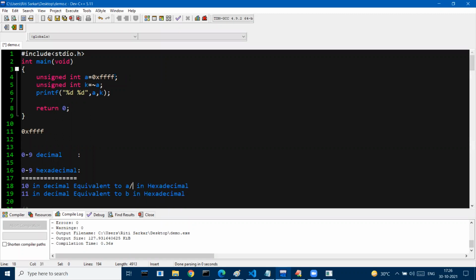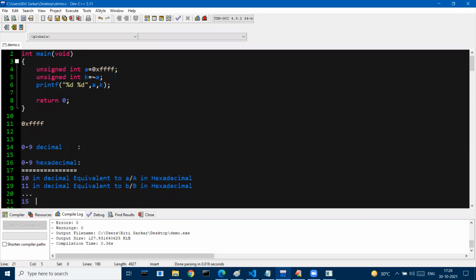Small b or capital B, guys, that doesn't matter. So in this way, 15 in decimal is equivalent to small f or capital F in hexadecimal.